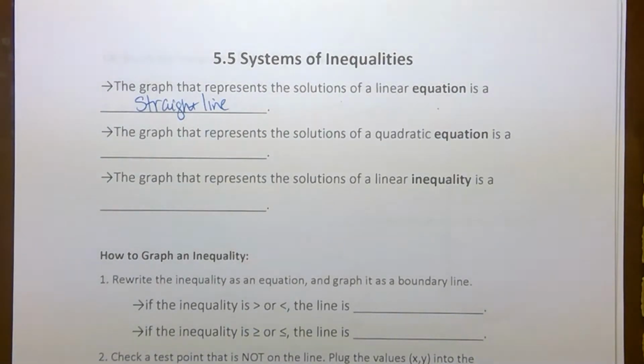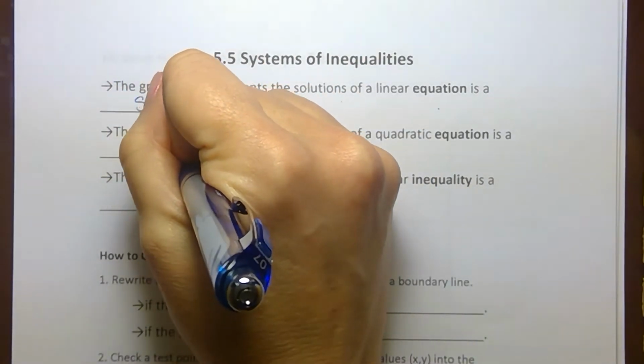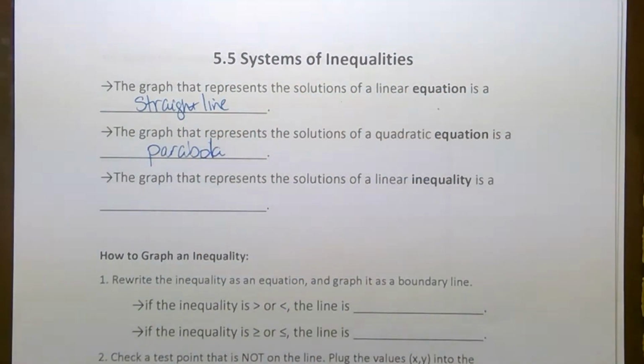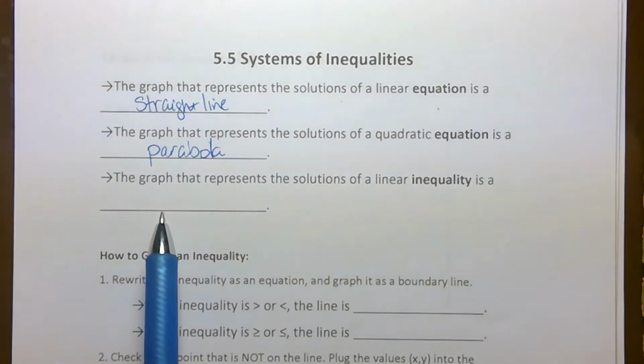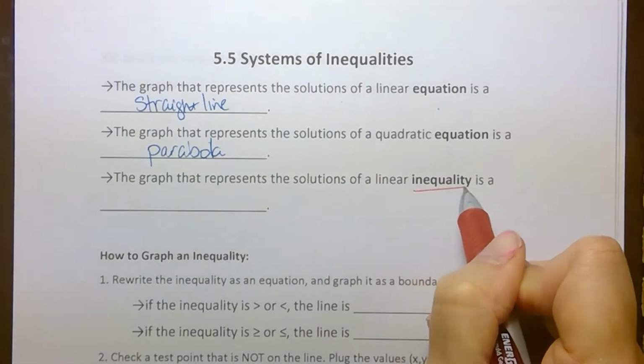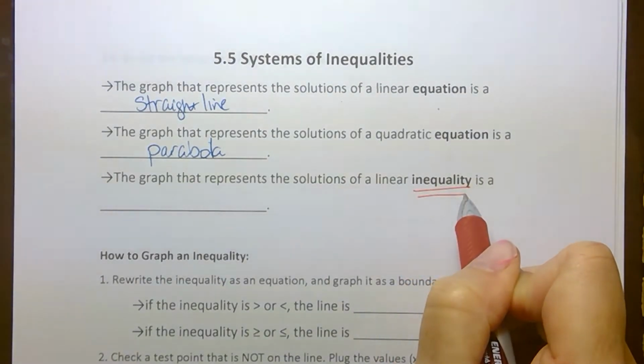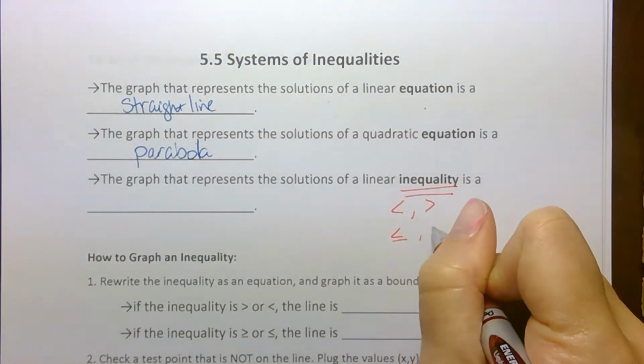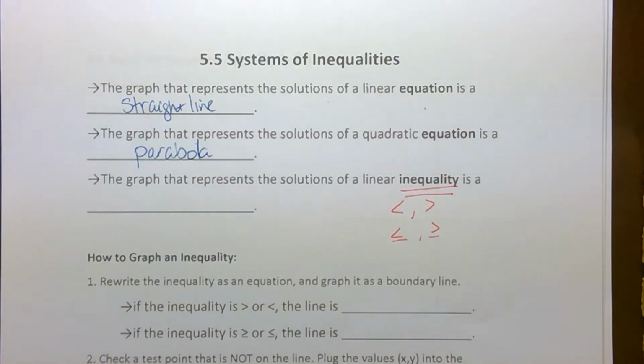The graph that represents the solutions of a quadratic equation is going to be a parabola because any point on the parabola is a solution to that quadratic equation. The graph that represents the solutions of a linear inequality, though, remember an inequality is going to be less than, greater than, less than or equal to, greater than or equal to.